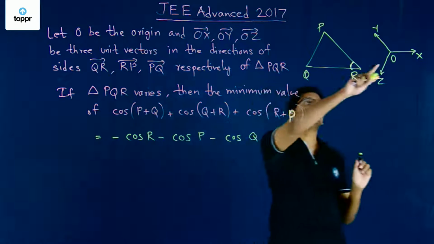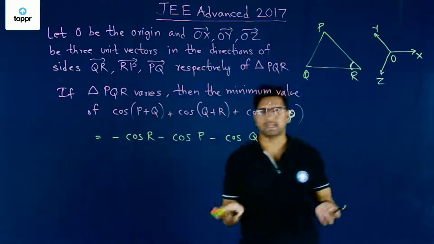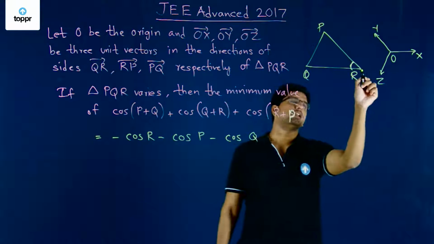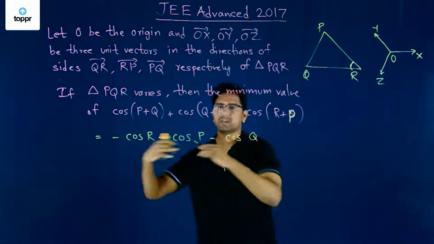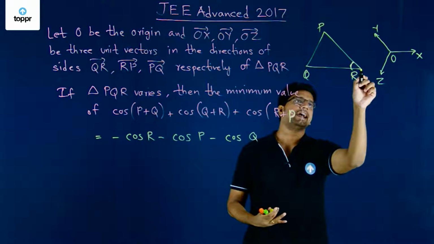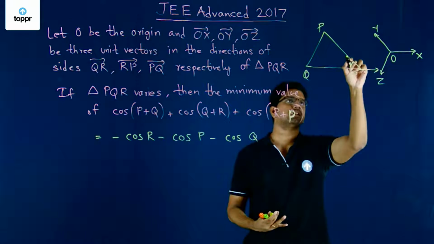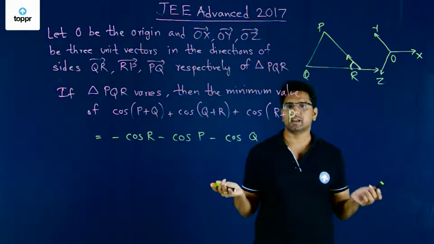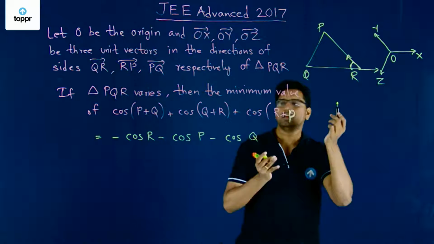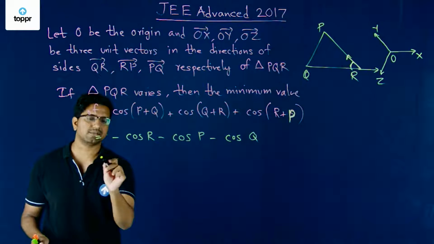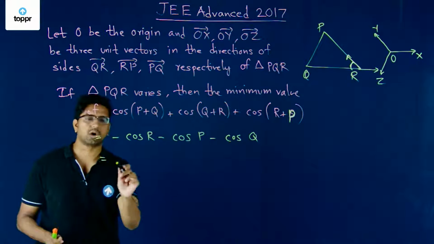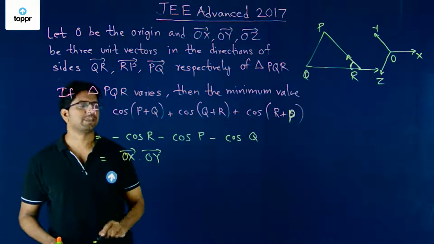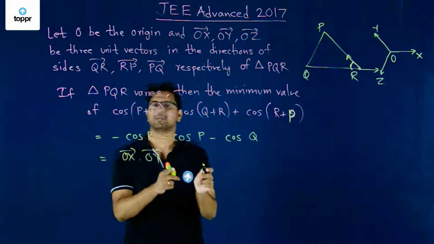If I take OX dot OY, it will be equal to the product of the magnitudes, which is anyways 1, so we get cos(pi minus R), which is minus cos R. So minus cos R can be written as OX dot OY.